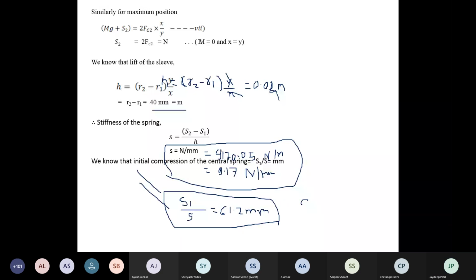S2 upon S. मीटर में क्या था? 0.061 आएगा. 100.91, 100.9. पॉइंट में आ रहा है या नहीं? हाँ 100.9 करेक्ट, 100.9 mm. Okay, now this is the final compression, and this is the initial compression. Okay, done. Now take down the next one.